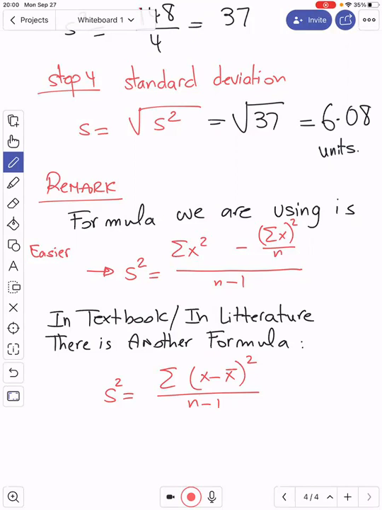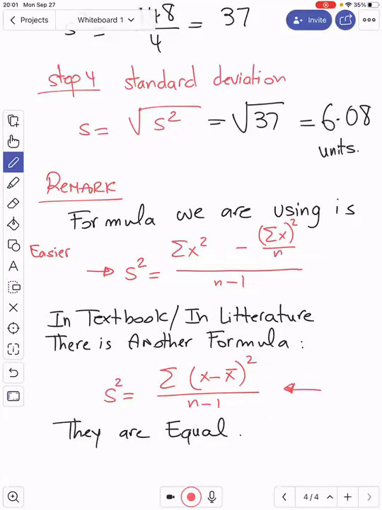But if you find this one in the textbook or somewhere else, it's just the same formula. The two formulas are equal.